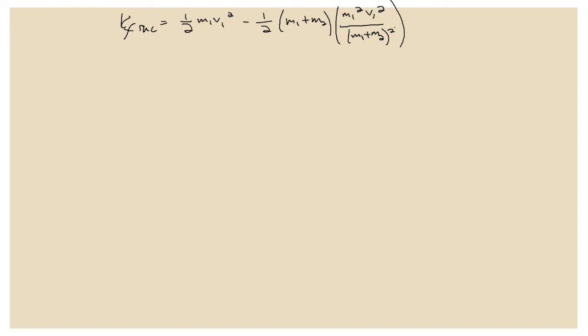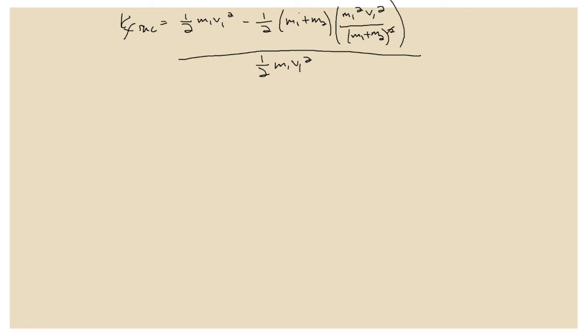Now I could multiply that out, like FOIL it, if you will, distribute, but there's no need for that, because if you notice, and let me just write the denominator here so I don't forget it, 1/2 m1 v1 squared. If you notice, I've got an m1 plus m2 right here, and I got an m1 plus m2 right here.